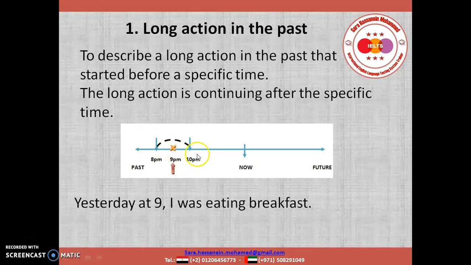This is a long action. This refers to the middle of the action.